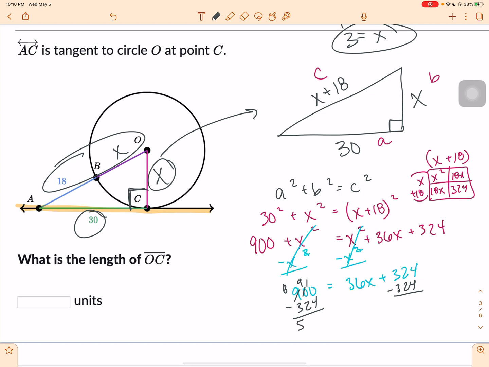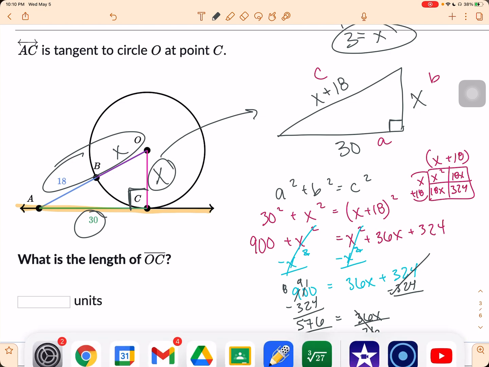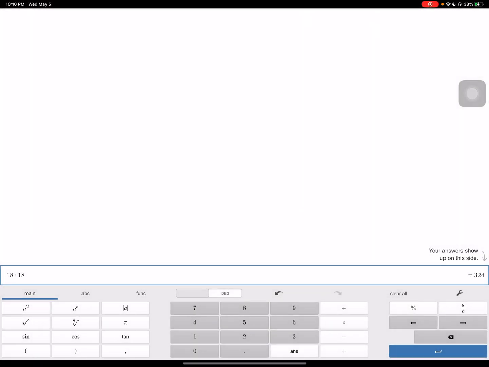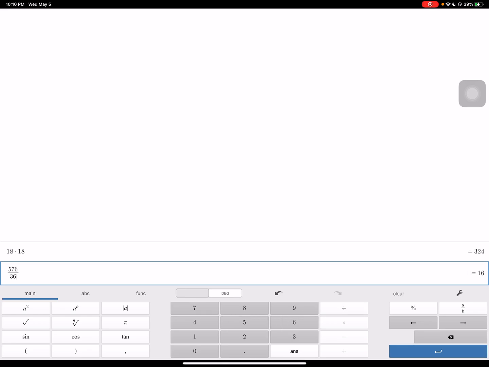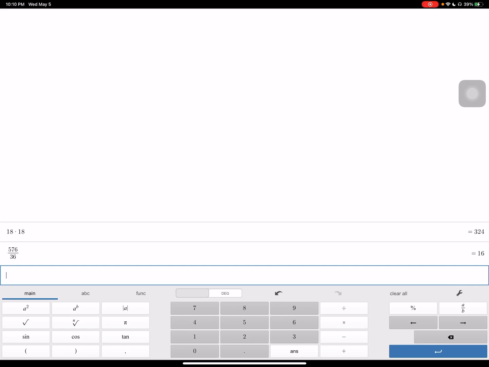Okay, so we have 576 equals 36x. Divide both sides by 36. And again, guys, I'm going to go through these fast, so if you need to pause to get caught up, please do so. So 576 divided by 36, 16. That's a nice number.